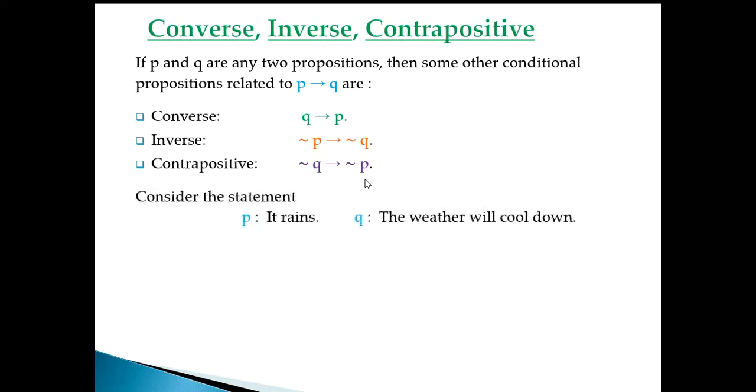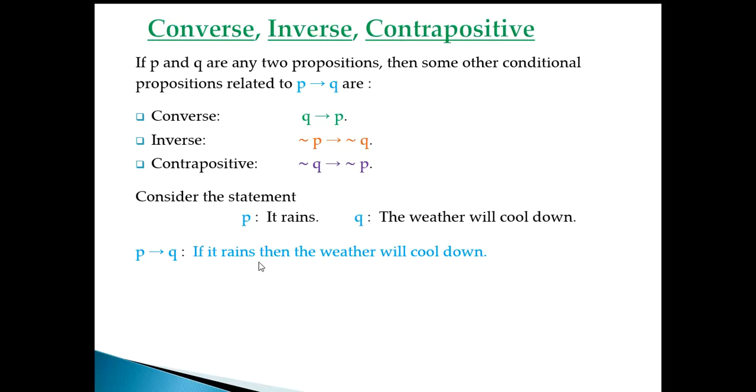So let's take an example for this. Suppose we have two statements. P is it rains, and Q is the weather will cool down. In this case, what is the English statement of P implies Q? We can write: if it rains, then the weather will cool down.